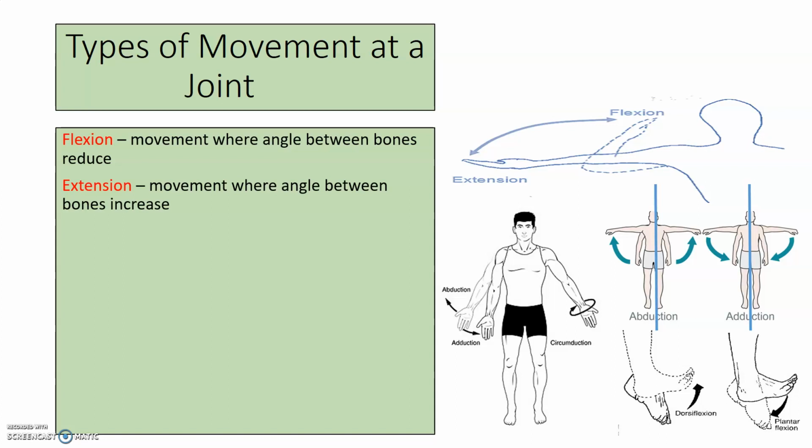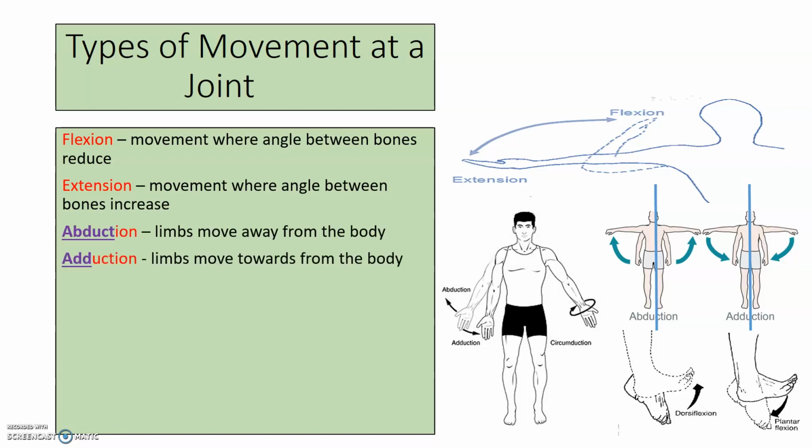When we think of flexion, think of an angle, like in maths, between the bones, and they're reducing, so you get an example there of the bicep curl, for example, and we can see the flexion stage is when we move our forearm towards our shoulder joint. And then the extension is when we straighten out our arm, and that's increasing that angle between the bones.